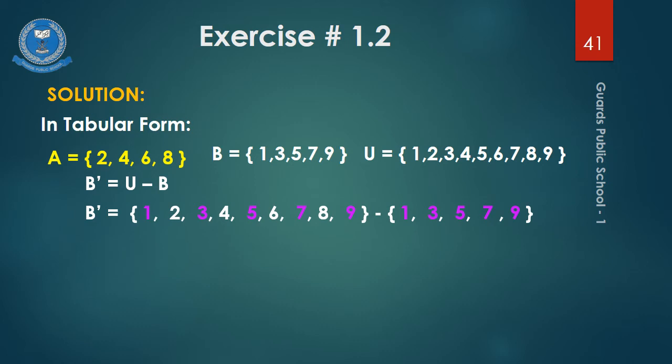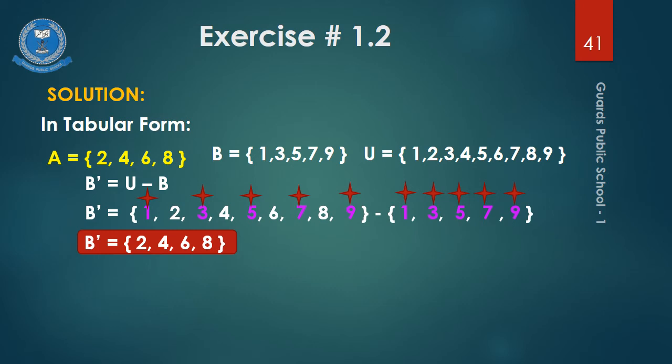Set B contains 1, 3, 5, 7, 9, so we will not write 1, 3, 5, 7, 9 in the answer. We will mention only B complement is equal to 2, 4, 6 and 8. This is the answer of B complement.